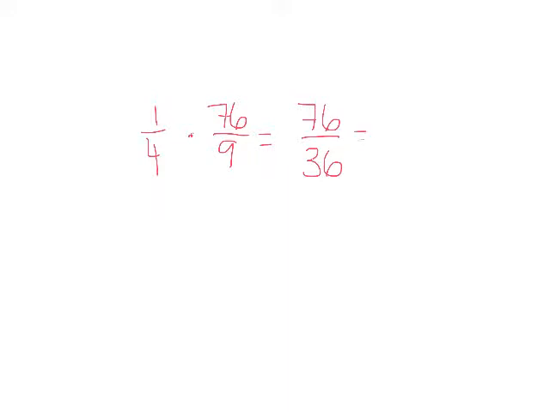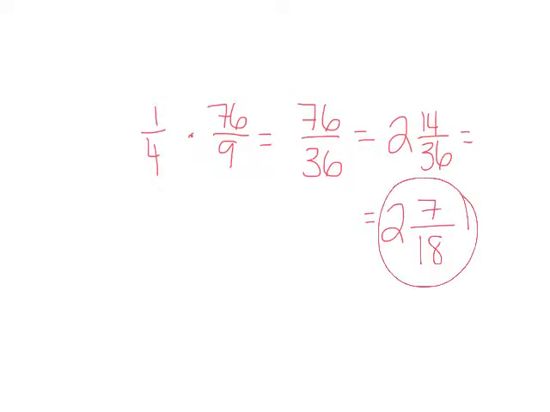And 36 goes into 76 2 times, and then I have 4 left over. So I have 2 4/36, and that's going to simplify down to 2 1/9 as my final answer.